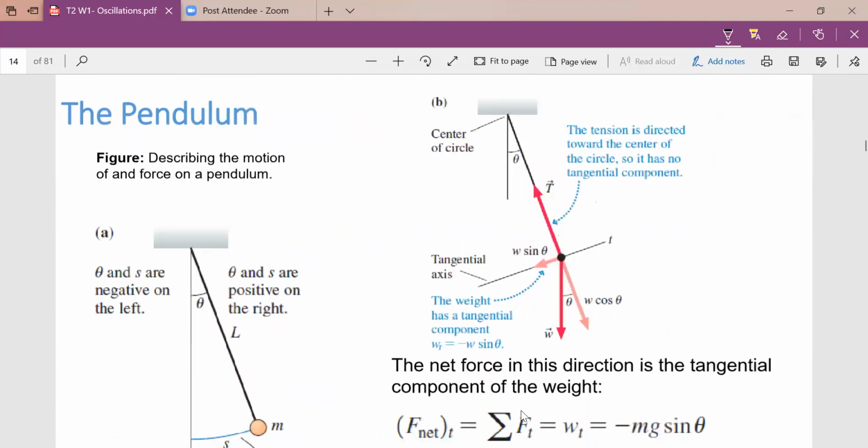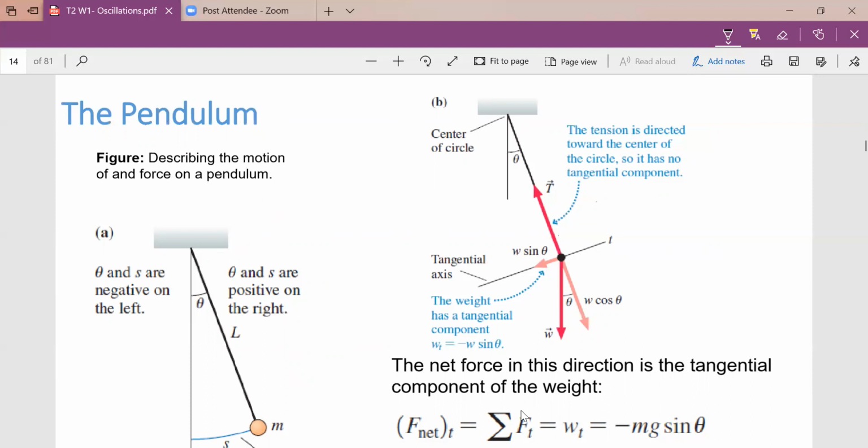Okay. So let's see another motion that describes the simple harmonic motion, which is the most common one, the pendulum. We'll look at the pendulum again later, but let's just quickly introduce the pendulum as an object or system that describes the simple harmonic motion, which is also about the displacement of objects away from their equilibrium position.